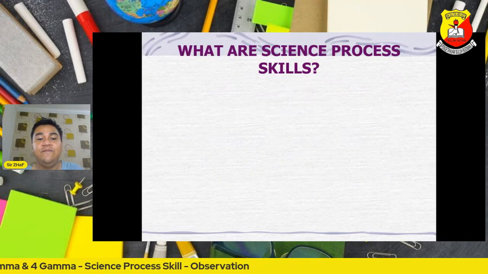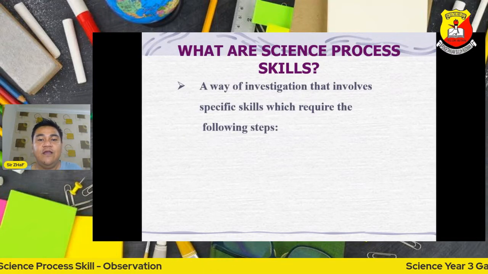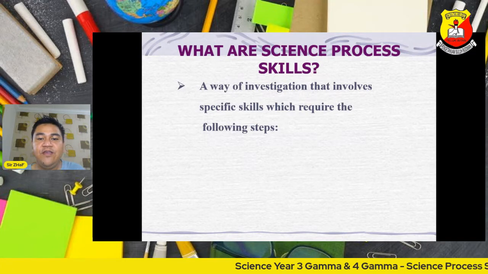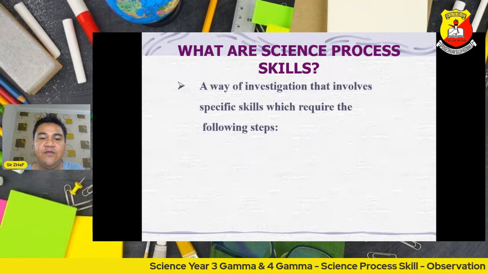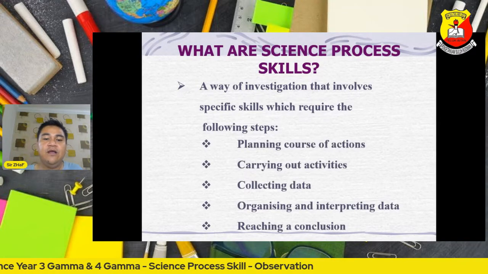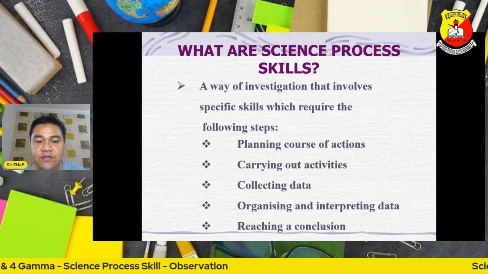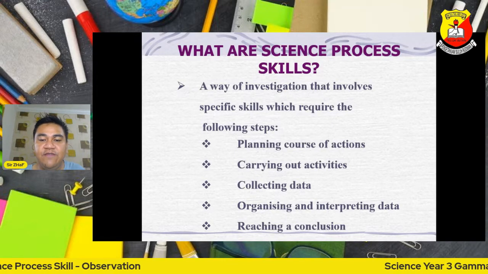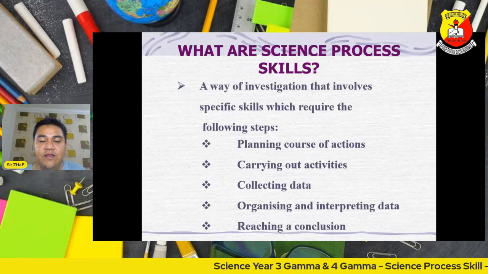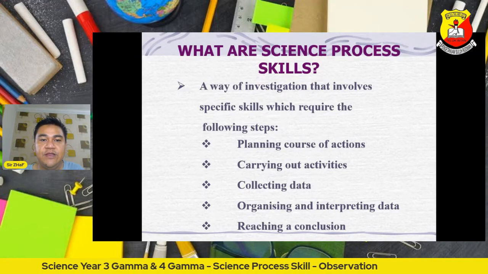It is also a way of investigation that involves specific skills which require the following steps: planning courses of action, carrying out activities, collecting data, organizing and interpreting data, and reaching a conclusion.